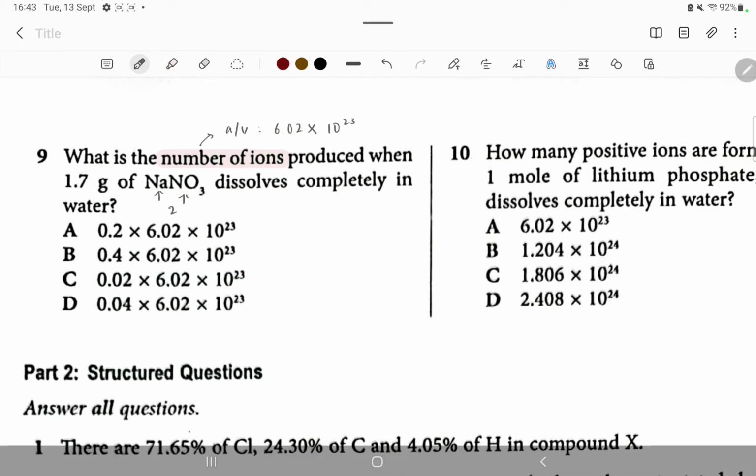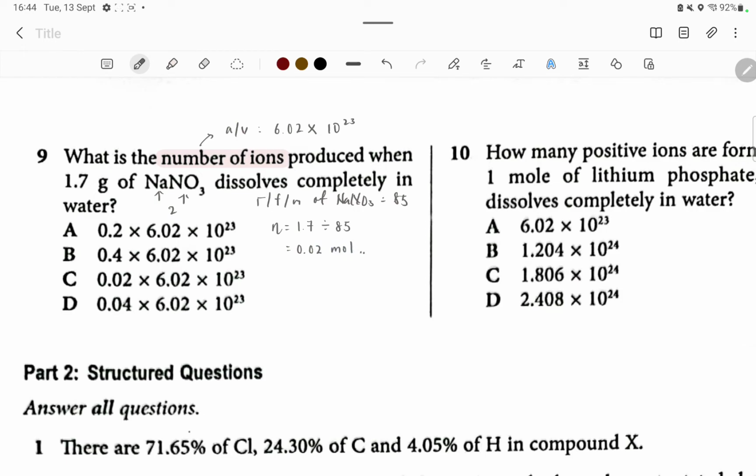So for this one, we try to find the number of moles first. So the mass should be number of moles multiplied with the relative formula mass. The relative formula mass of NaNO3 is 85. So number of moles should be 1.7 divided by 85. So you should get 0.02 mole.